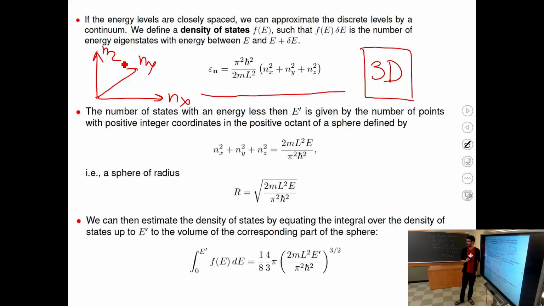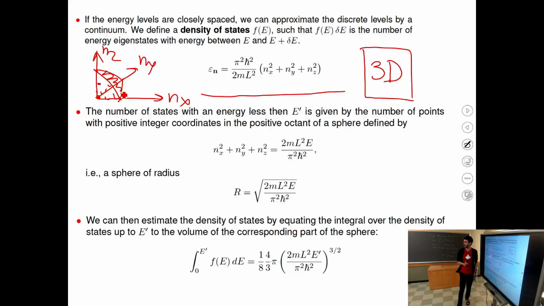And in this space, we are going to occupy it from the lowest point, around the lowest point. And as we go farther and farther from this 0 point, we're going to get higher and higher energy per this formula.